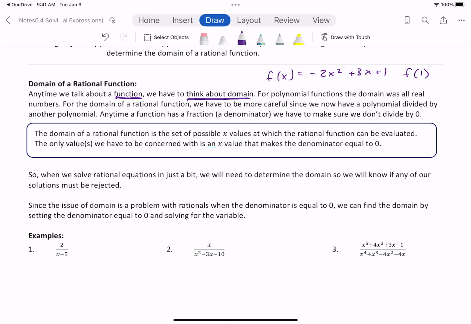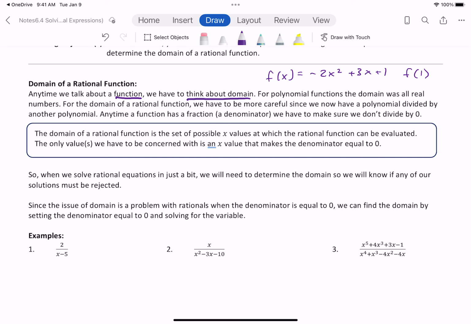When we had polynomial functions, the domain was all real numbers. And that's because the definition that we had of a polynomial, the only things that can happen is we might be raising a number to a power, or we might be combining them by adding, subtracting, multiplying, or dividing.